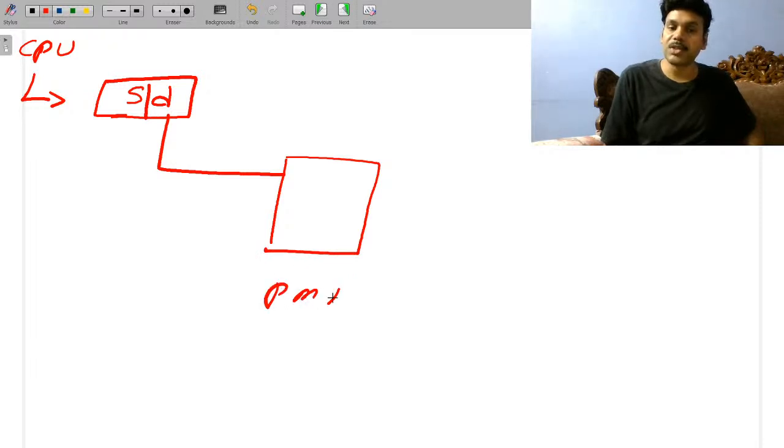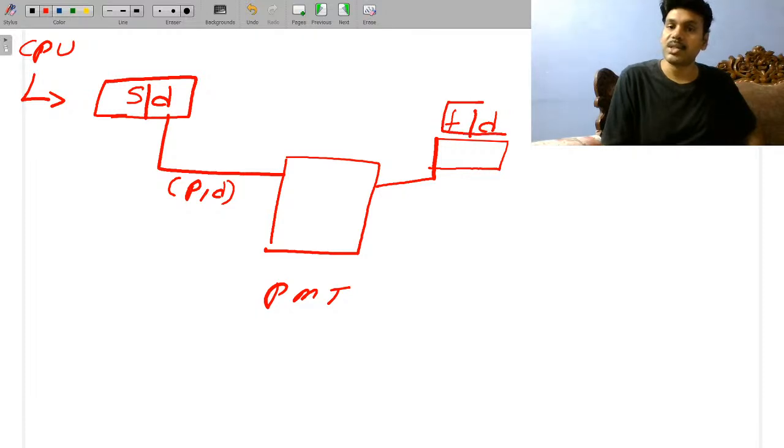Therefore, this is your page map table. So you are going to get P comma D here, and here you are going to have F comma D. Understand carefully, friends, you will get confused here.